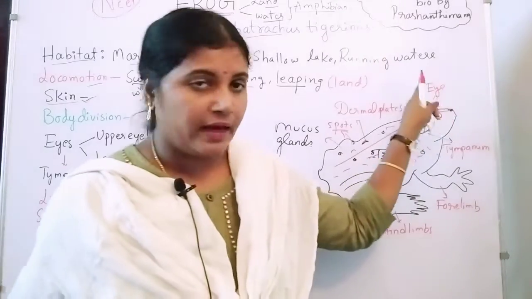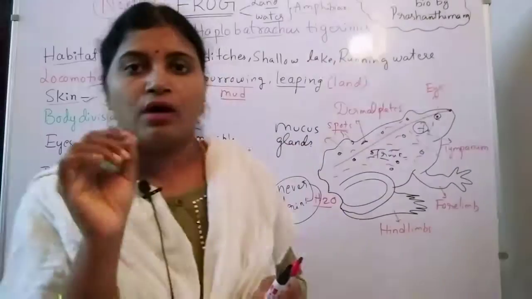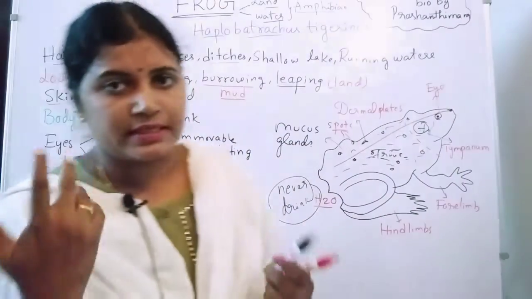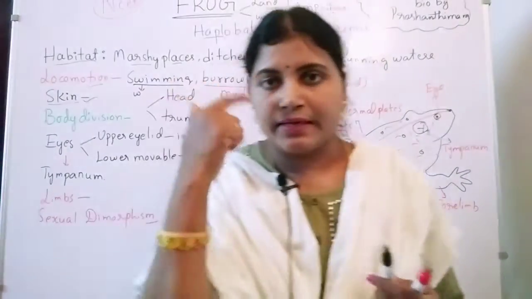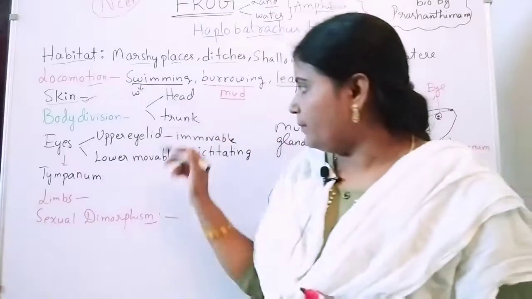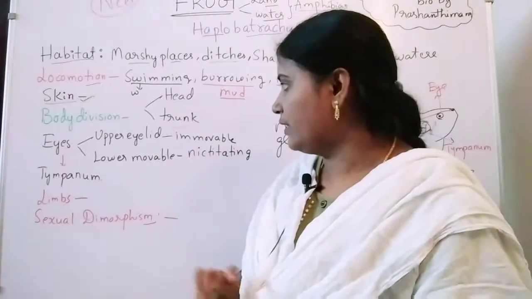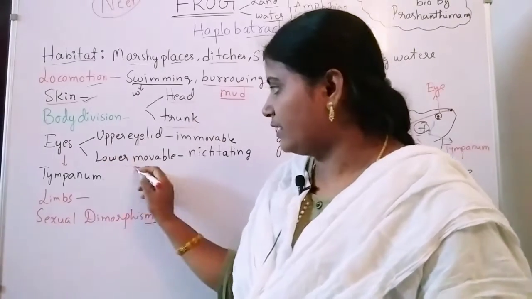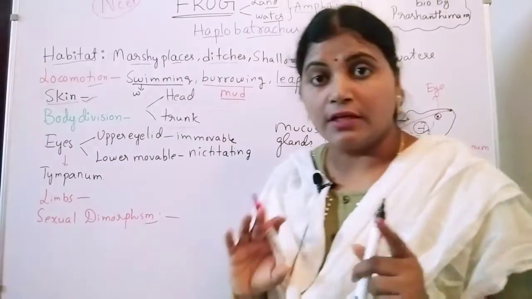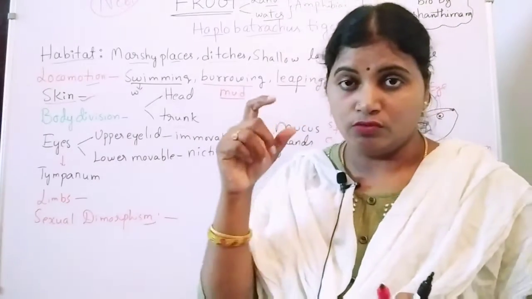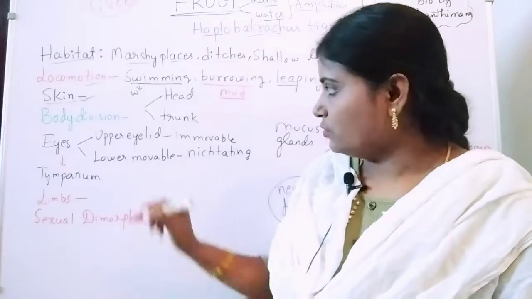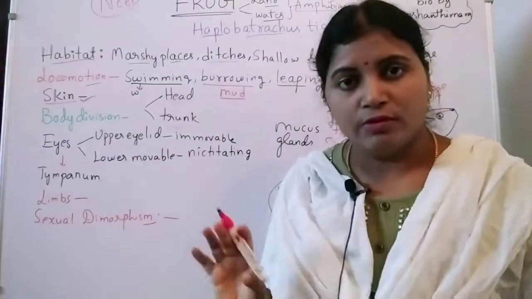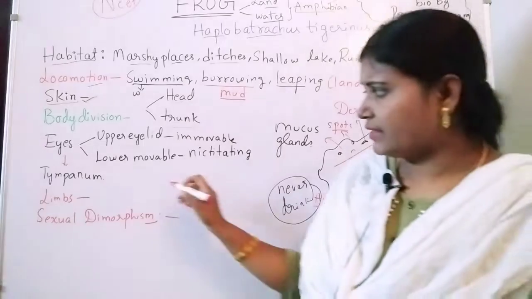This eye contains two eyelids, okay, upper eyelids and lower eyelids. Upper eyelids are immovable, means they are not able to move, they are fixed, okay.